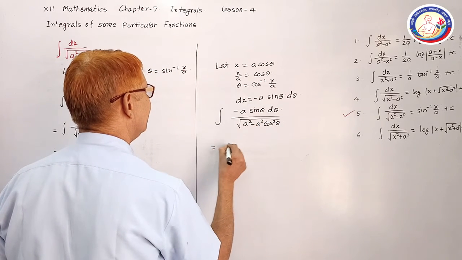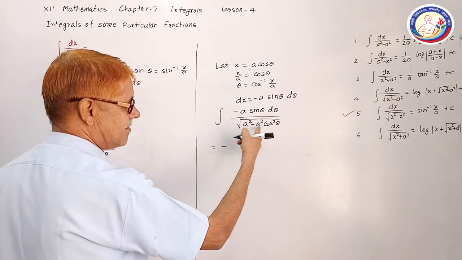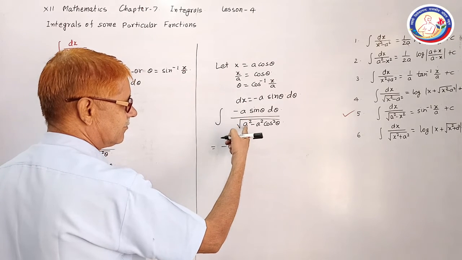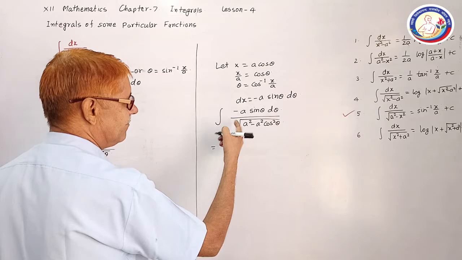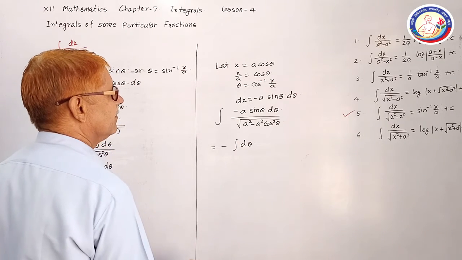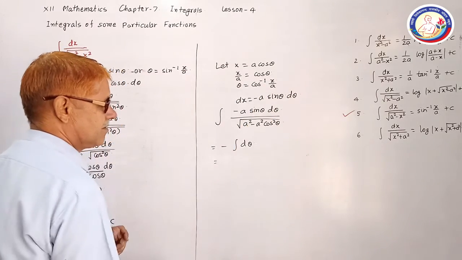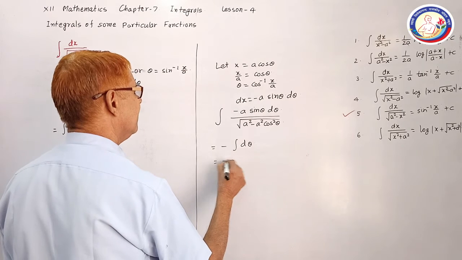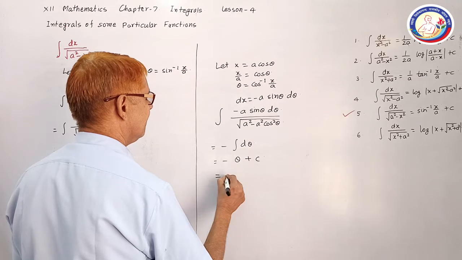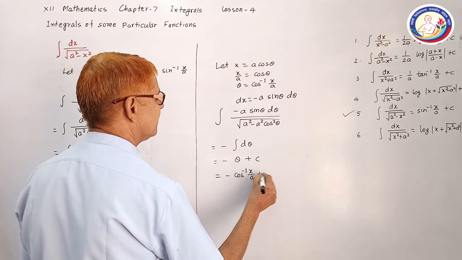On simplification, we will have minus a sine theta, and a is common here, so square root of a square is a, a cancels a, minus of d theta. What is theta here? Theta is cos inverse x by a. So integrate it, we will have minus cos inverse x by a plus c.